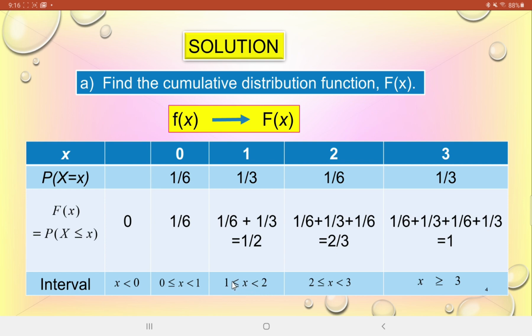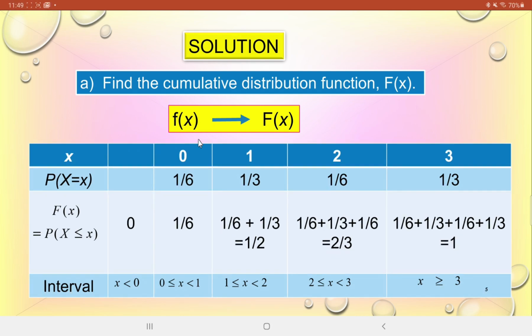We put the equal sign for 1 because this column is for x equal 1. The next interval is x more than or equal to 2 and less than 3. We put the equal sign for 2 because this column is for x equal 2. The last interval is x more than or equal to 3. Why? Because 3 is the last value of x.